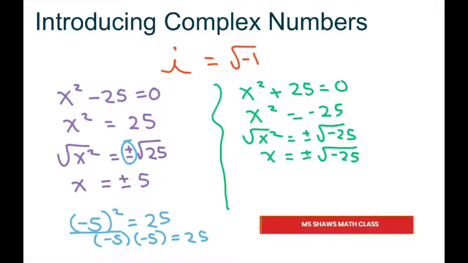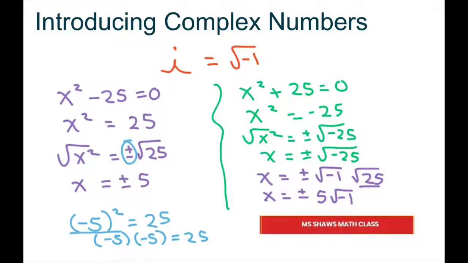So I believe it was Descartes that came up with, well, what he wants to do is write this as plus or minus the square root of -1 times the square root of 25. In that case, you get x equals plus or minus the square root of 25 is 5, times the square root of -1.